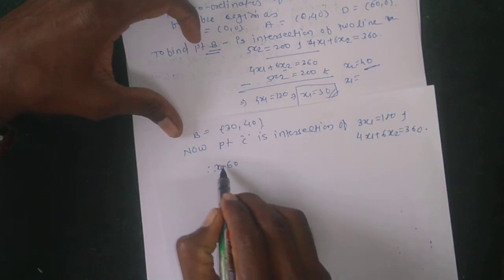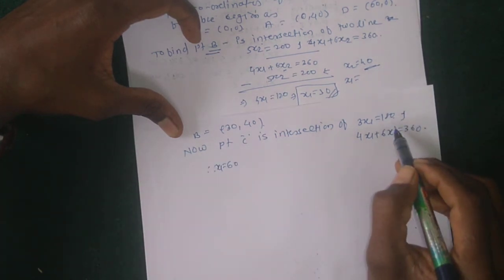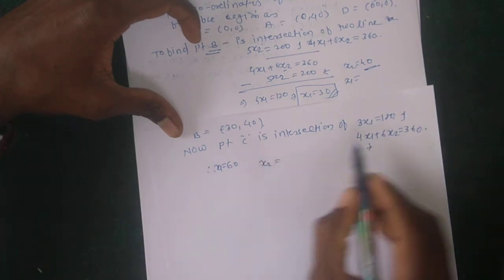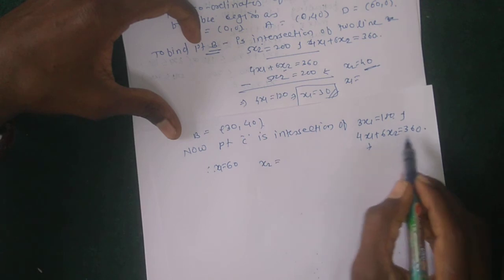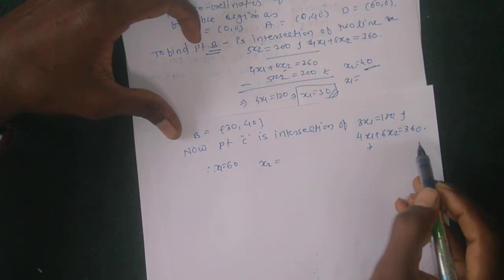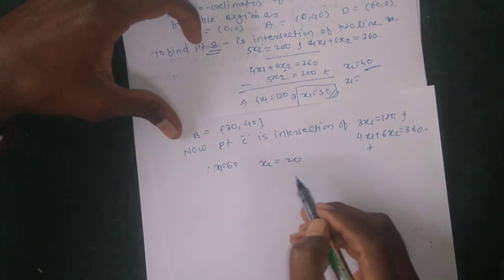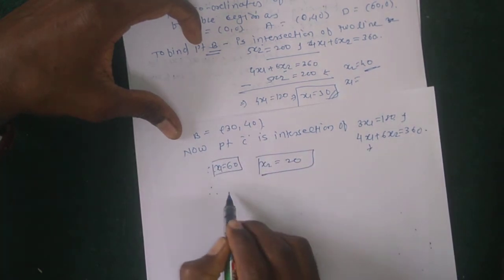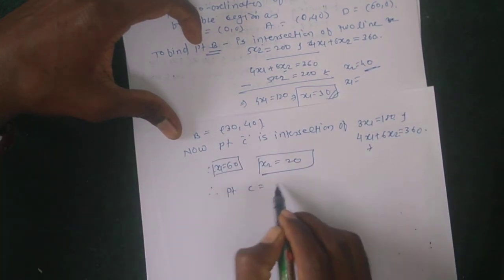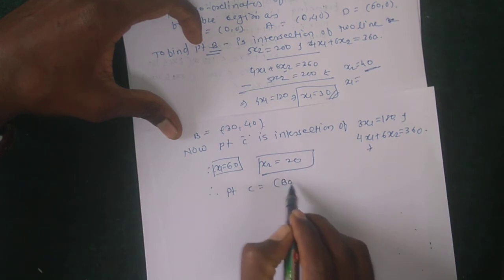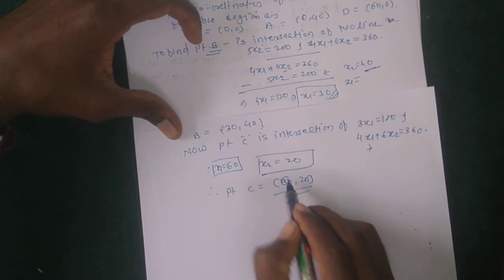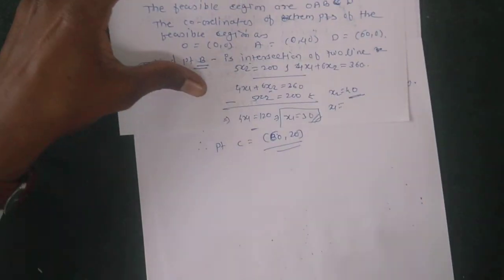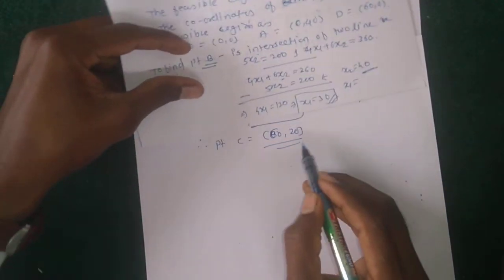Putting x1 is equal to 60, x2 is equal to (360 minus 240) over 6, 120 over 6, so x2 is equal to 20. Therefore point C is (60, 20).